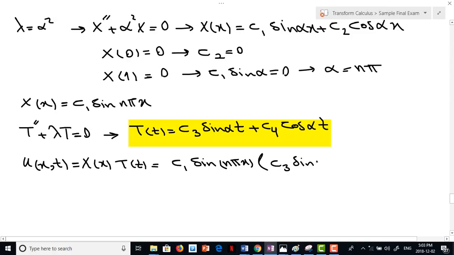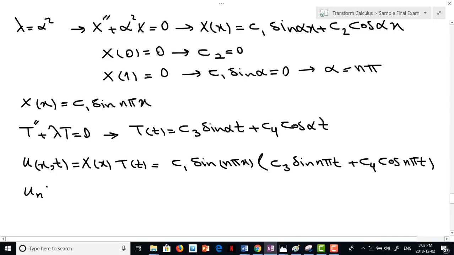Alpha is n pi, so it's sine n pi t plus c4 cosine n pi t. So this solution is valid for all the values of n. As a result, u n of x and t is equal to c1 times c3, I call it a n.